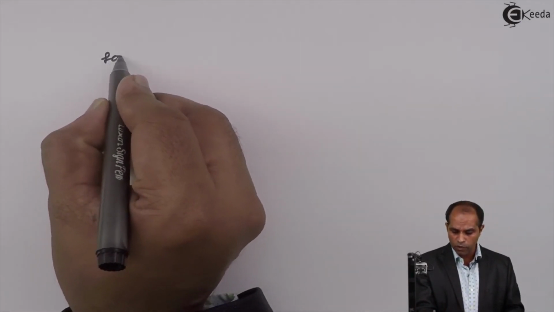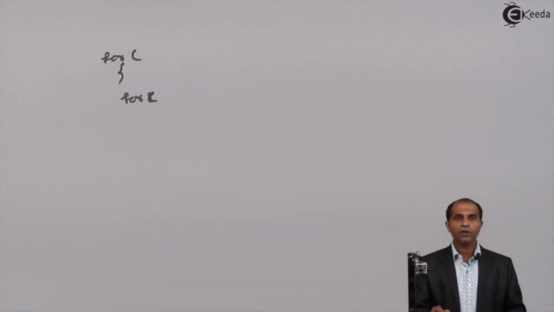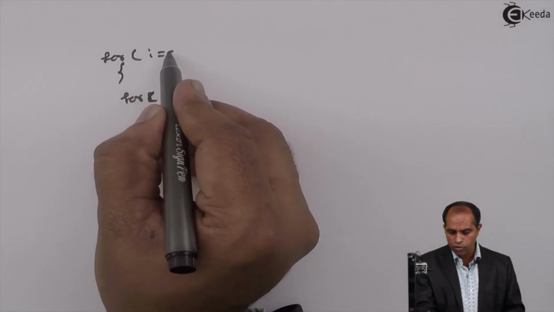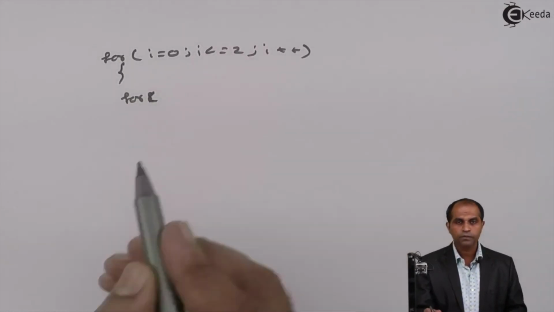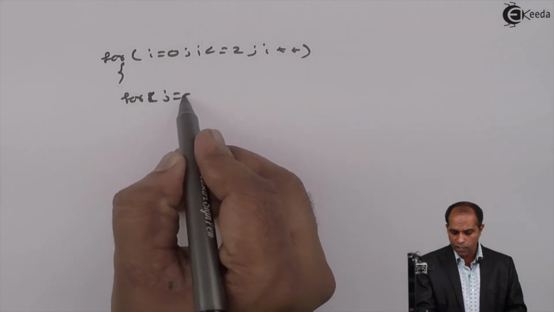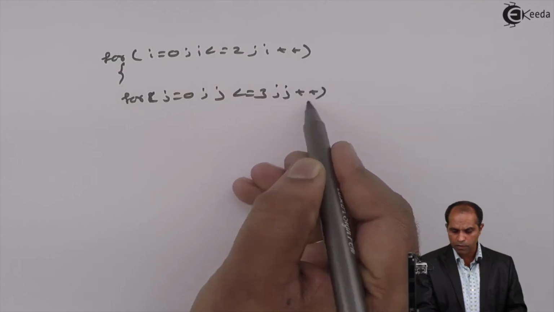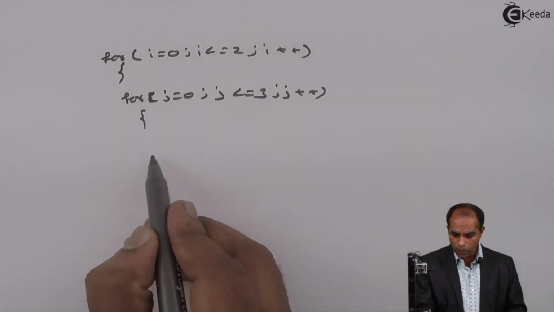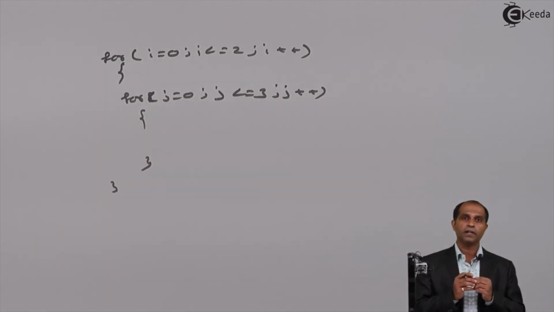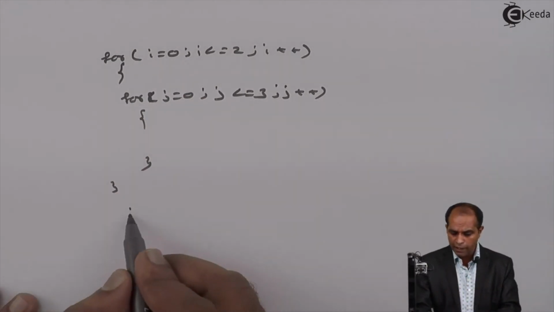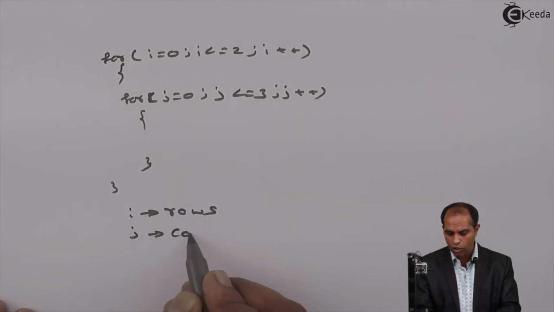In this, we are going to use a for within a for. Let me take a for loop with i equals 0, i less than or equal to 2, i plus plus. And within this, j equals 0, j less than or equal to 3, and j plus plus. The variables i and j are going to be operated; i indicates rows and j indicates columns.